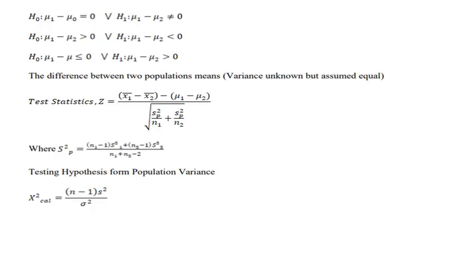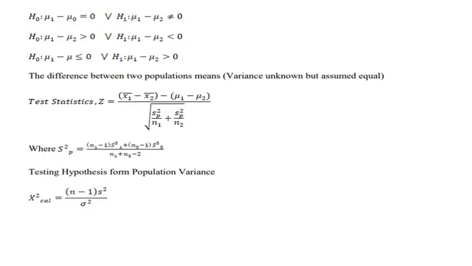The difference between two population means, variance unknown but assumed equal, we use this formula. One is when variance is known, the other is when variance is unknown but we assumed equal. That is when we use this formula.